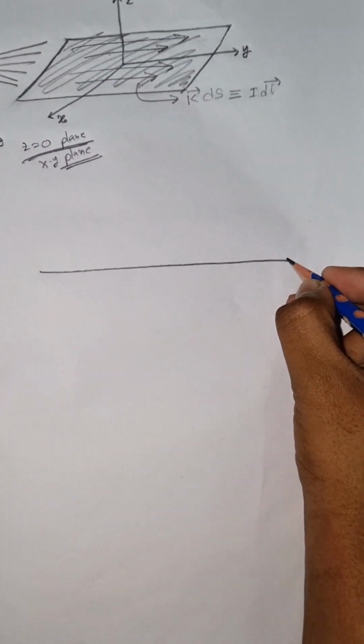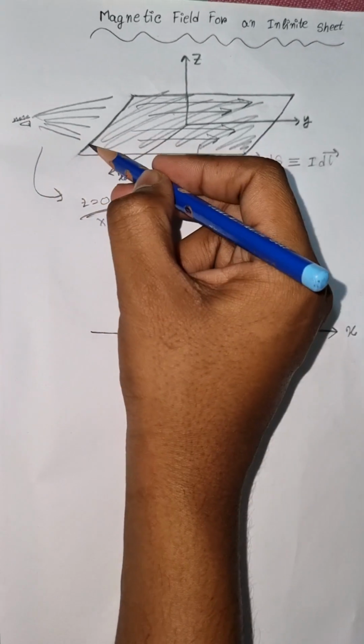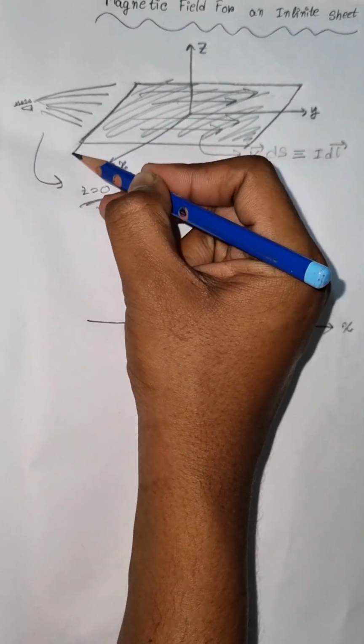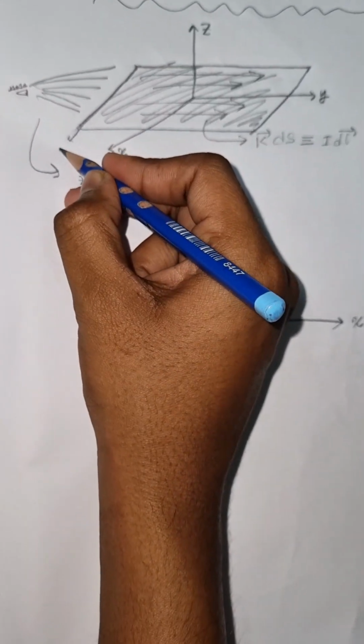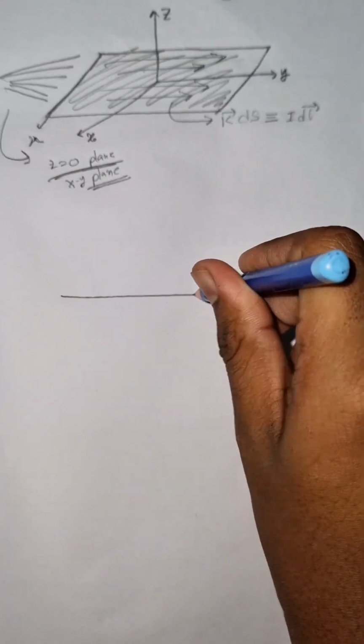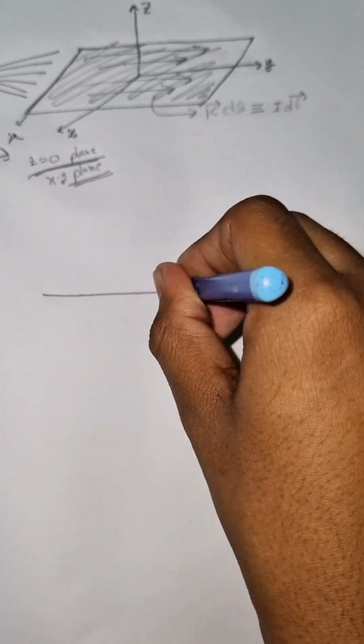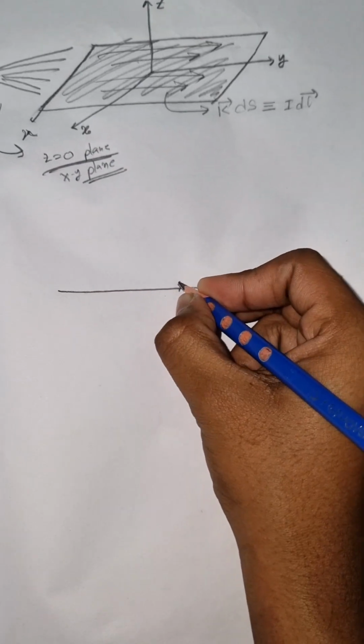So along this, it is x. He is watching this. This is the direction of x. Along this, vertically inside the plane, that is our y.